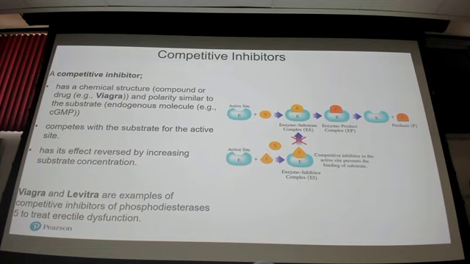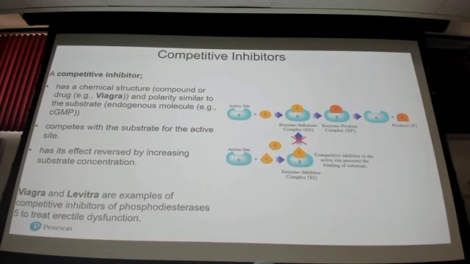So, Viagra and Levitra are competitive inhibitors. Competitive inhibitors have a structure that is similar to the natural endogenous molecule, in this case, which is cyclic GMP. So cyclic GMP is the natural endogenous molecule for phosphodiesterase 5 enzymes, and Viagra and Levitra are structurally similar to that.